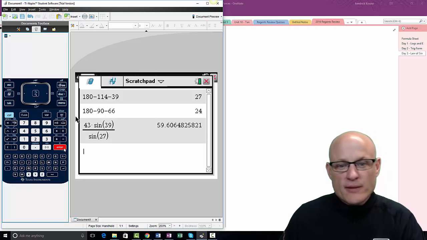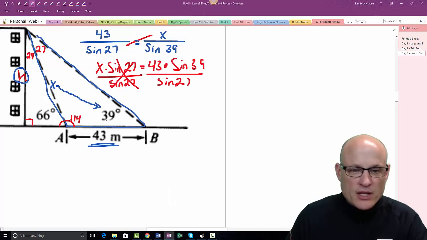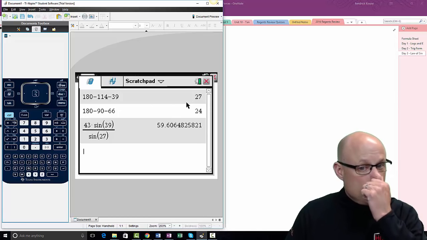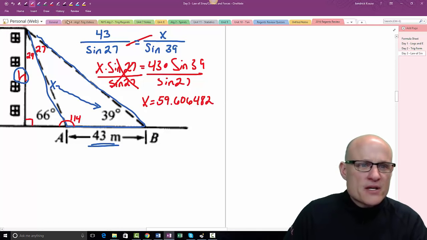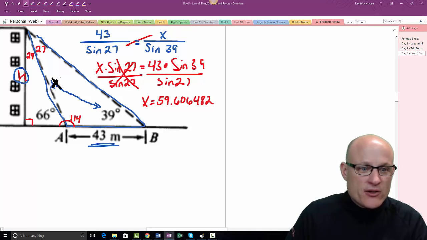Okay, 59.606, and so on. So x equals 59.606482, and so on and so forth. So that's this side. We now have x. We now know this one.